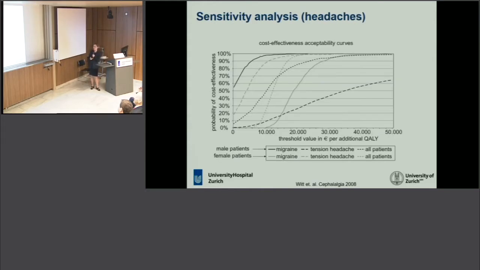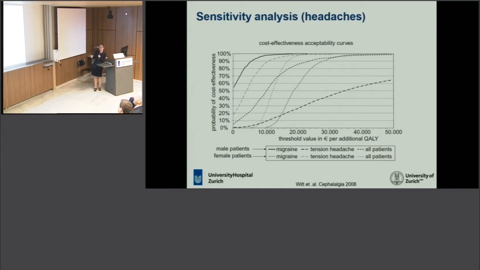You can also do subgroup analysis. And this gets pretty interesting if we take our headache data here from the trials, because we divided into male and female patients, and also for the 2 diagnoses included, the migraine and the tension type headache here. So this line, which looks being very much out of line, so not with a high probability to be easily cost effective, these are the male patients with a tension type headache.